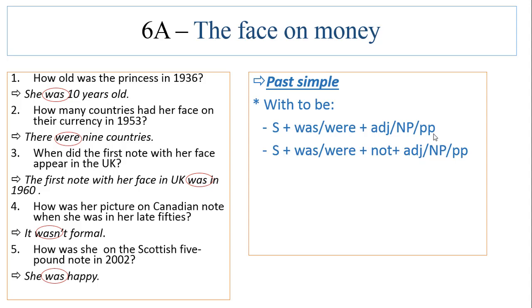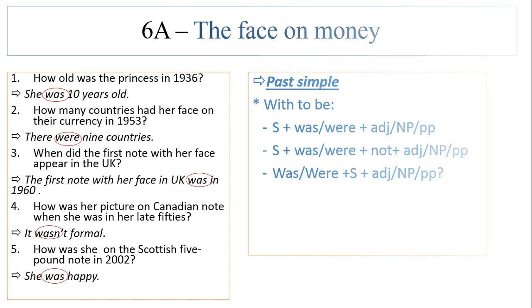Okay, and the next one, if you want to form a negative sentence, you put not afterwards. And if you want to form a question, you put was or were at the beginning of the question. Okay, so that is the formula for past simple of to be.